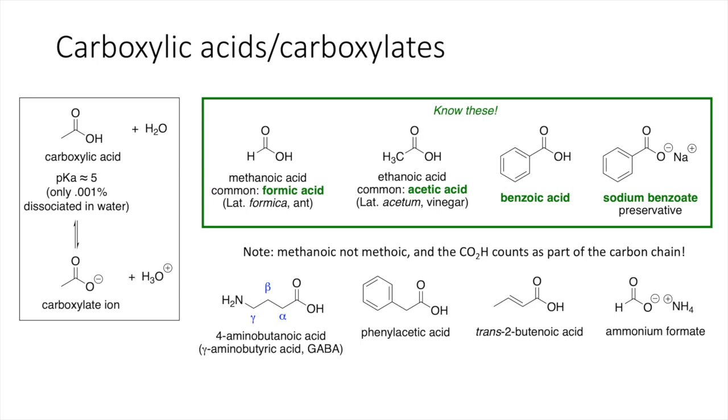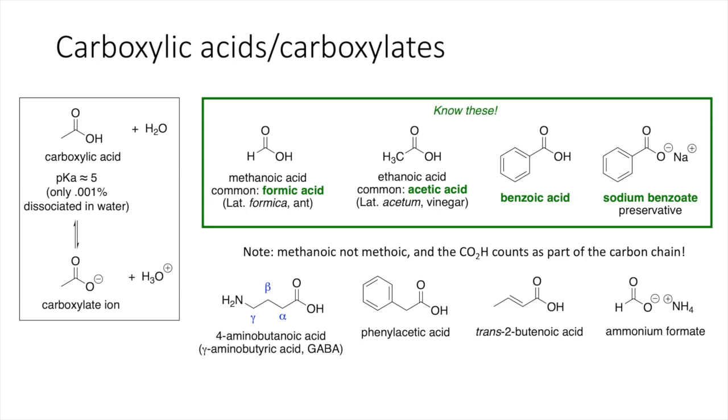Other examples, so phenylacetic acid. Here, phenyl is a substituent off of the acetic acid as the main root name. Trans-2-butenoic acid, so there we have a double bond in the chain, so it's a butenoic. You could also say but-2-enoic acid.